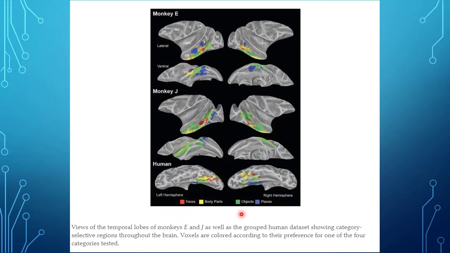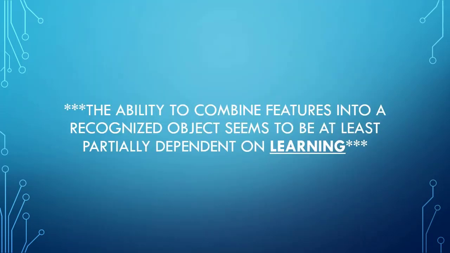So faces, body parts, objects, and places all have their different categorical organization. And this may have something to do with the way that these features are combined too, right? It may be that faces have a more common spatial frequency that's a lower spatial frequency, whereas information about objects may have some other features that the primary and secondary visual cortex use. And so this is a way that we should start thinking about this.